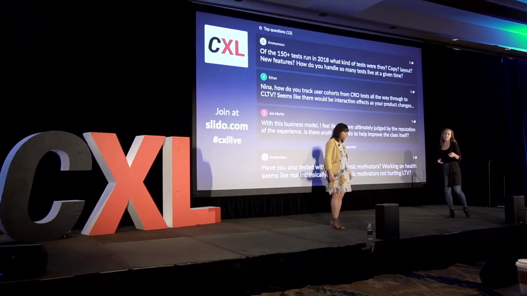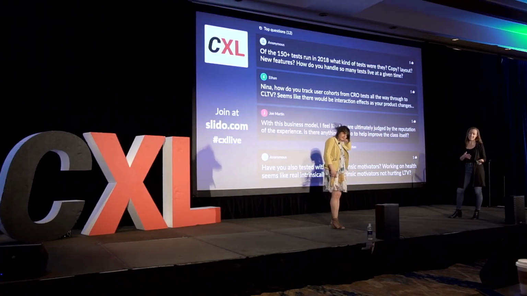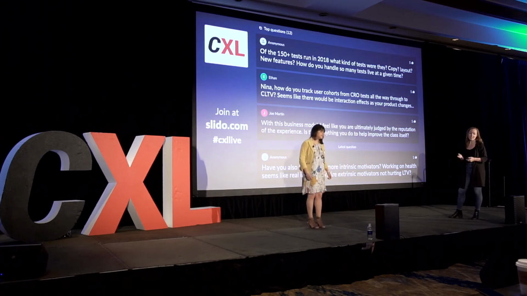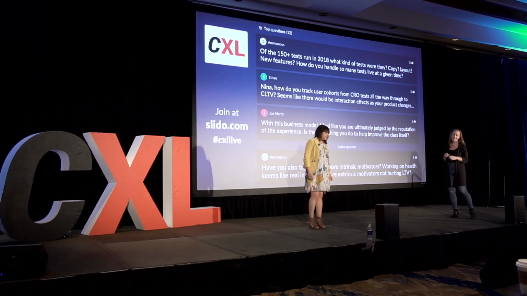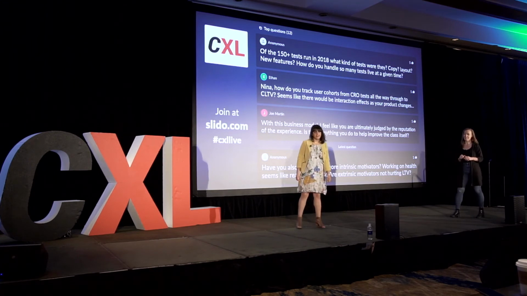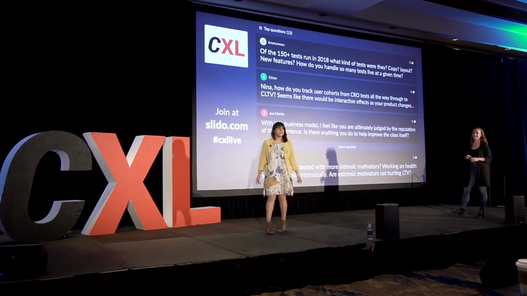So how do you track user cohorts from CRO tests all the way through to CLTV? Seems like there would be interaction effects as your product changes. Definitely. And that is something that we have to keep in mind: did we update anything in the product that could have impacted the user journey? And again, that's why there is so much cross-team collaboration when it comes to experimentation at ClassPass.